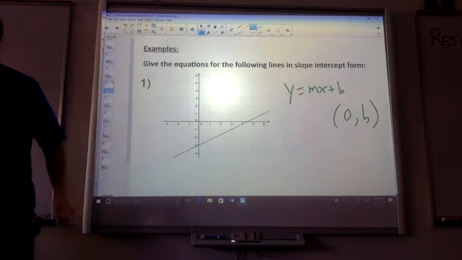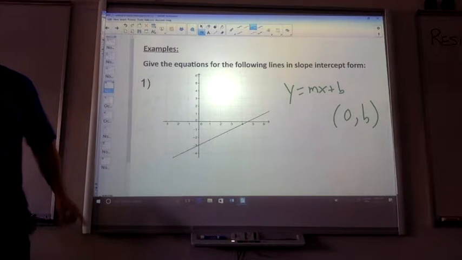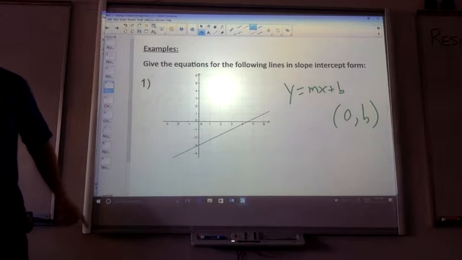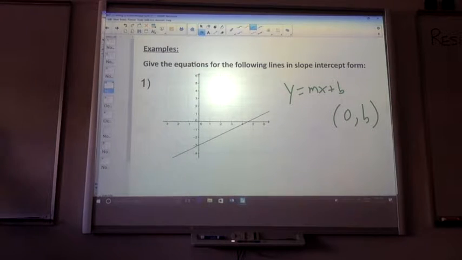So the point is 0, -3, where your b value happens to be -3. So this -3 is going to get plugged in right there. So far, we know y equals mx plus -3. Is that okay so far?